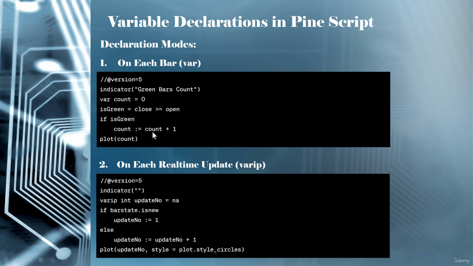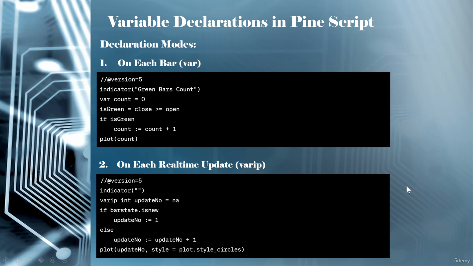And if you reassign a new value to that variable, it's going to remember that newly reassigned value. In this case, this is how it's going to work. It's going to get 0 value assigned on the very first bar, and then when this isGreen variable is true, the count variable will be incremented by 1.